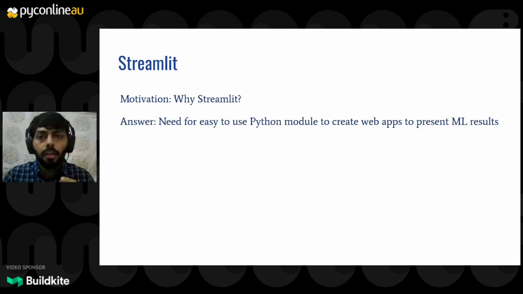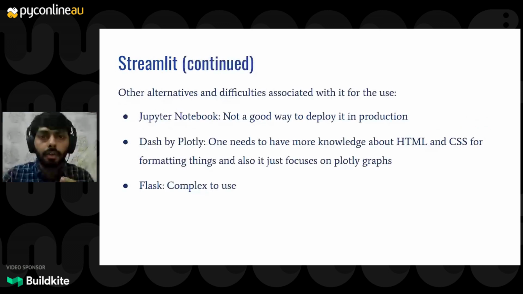To make it more clear for you, let's take a look at some of the comparisons and alternatives. The first one is the Jupyter Notebook. As a data scientist or ML research engineer, you must all have heard and used Jupyter Notebook, but it is not a good way to deploy in production. The second option is Dash by Plotly.